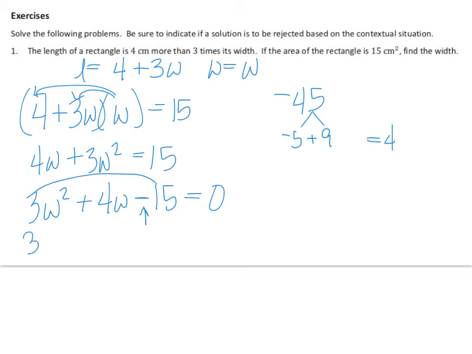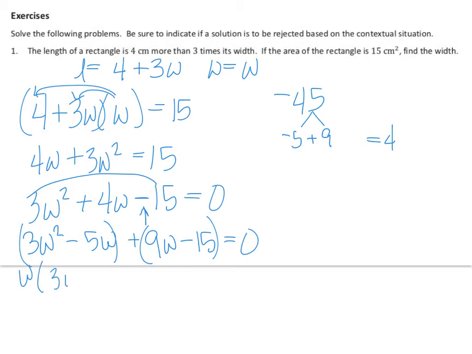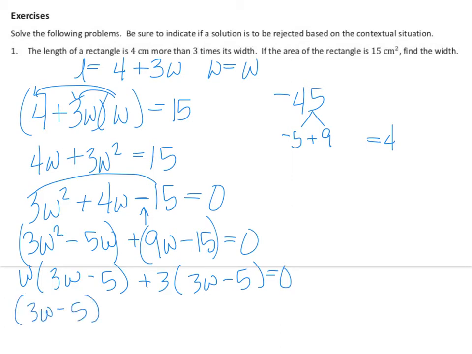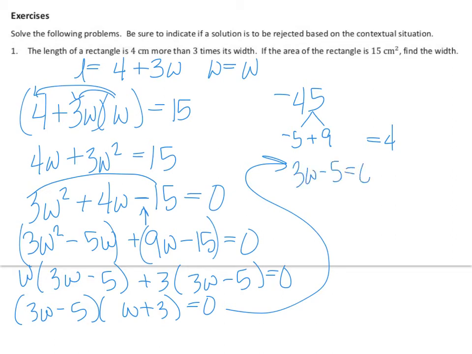Go ahead and work this out to factor by grouping. Okay, group the first 2 and the last 2. I can take a w out of here and 3 out of here. That gives me 3w minus 5 and w plus 3. If I'm solving for w, that first binomial, 3w minus 5 equals 0.